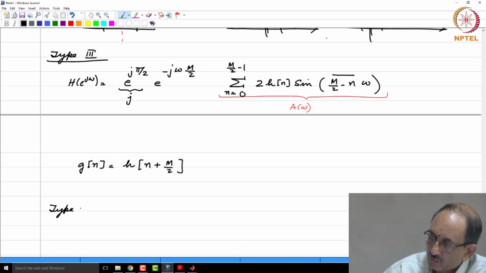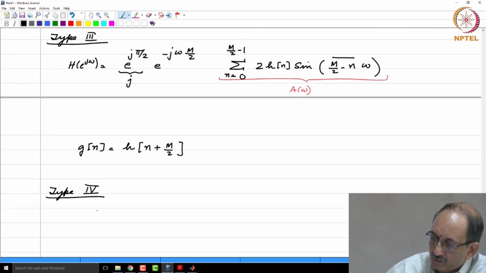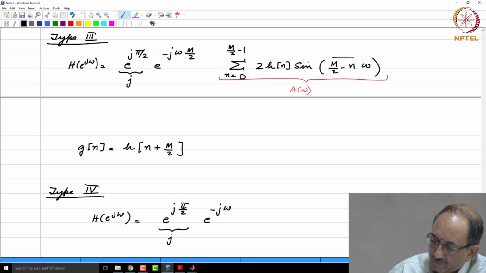And once you have seen the pattern going from type 1 to type 2, it's easy to see what's going to happen when you go from type 3 to type 4. So, that is H of e to the j omega, this thing remains the same, e to the j pi by 2, giving rise to the factor of j, e to the minus j omega m by 2. There is no center sample, even if a center sample were there in the type 3 case, it turned out to be 0.